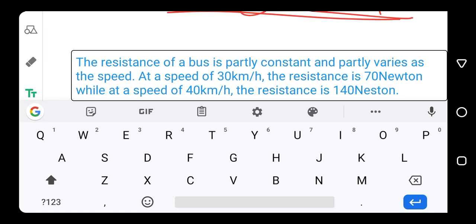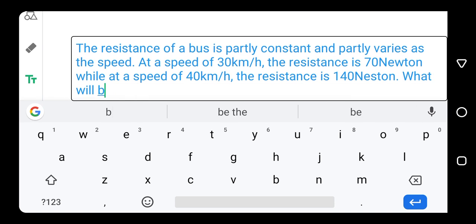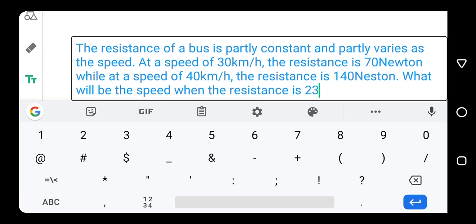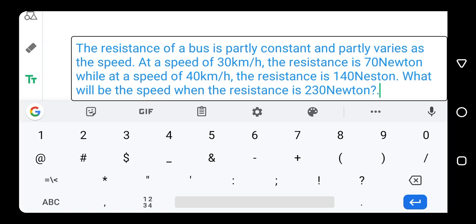Now the question is, what will be the speed when the resistance is 230 Newton? That is the question.